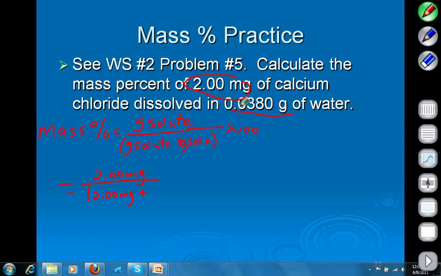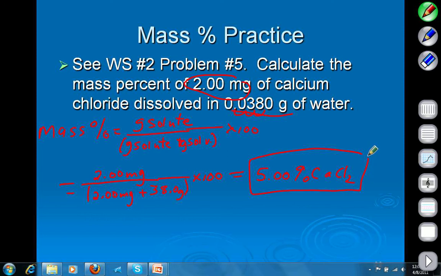We don't want it in grams, we need it in milligrams, so I'm going to move the decimal 1, 2, 3, because it's 1,000. 38.0 grams times 100. So you add at the bottom and divide it into the top and multiply by 100, and you get a 5% calcium chloride solution.